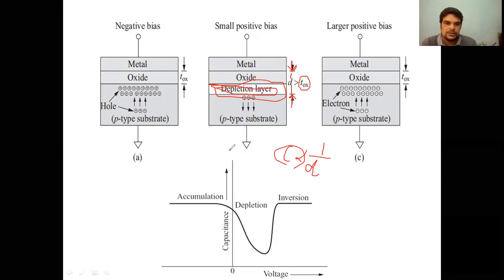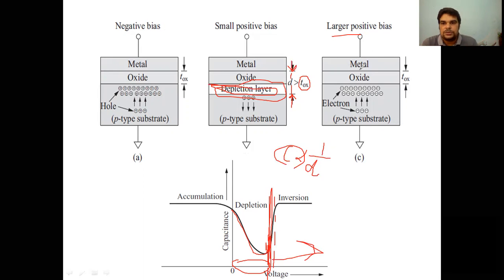Okay, so this process is known as depletion, and as you can see here, in this region, as the applied voltage across the gate terminal is low, the capacitance is decreased. Okay, so as we increase the voltage above this point, you can see that capacitance is increased.